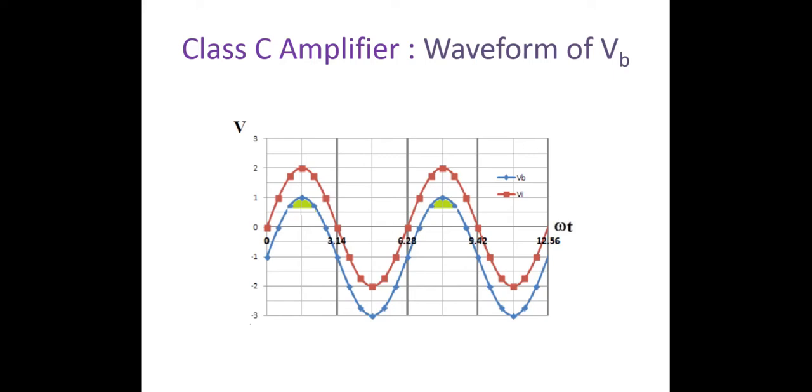The portion of the cycle where VB is greater than 0.7 volt is marked by the shaded region, which is in green color. So only in this green color region you will have non-zero IB, and elsewhere IB will be 0. So now your duty cycle is considerably less than 50%.